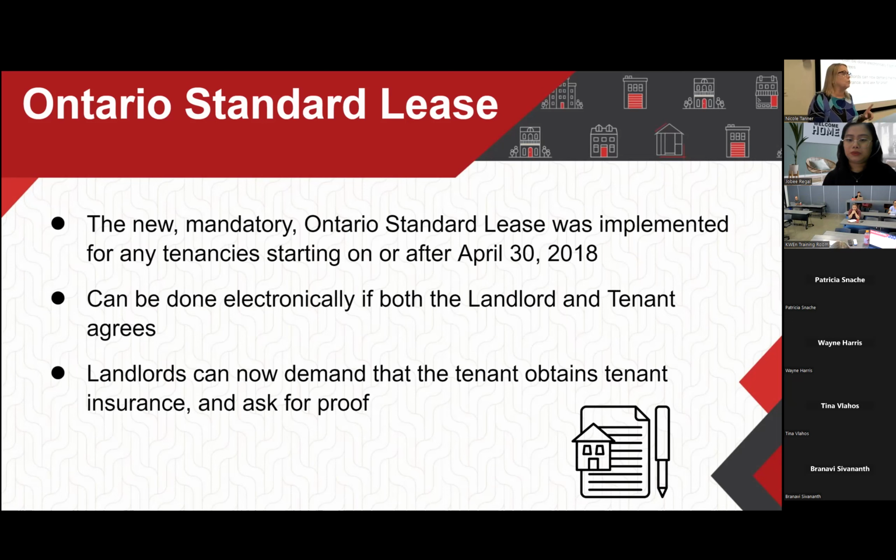Another really good thing is that we can now require the tenant to have tenant insurance. Typically, if a tenant has car insurance and adds tenant insurance to that, it's roughly $30 a month. It's very affordable. Tenants will say, I don't need content insurance, my stuff's not very valuable, but they do need it, because if they cause a flood that damages the unit below, they would be responsible.